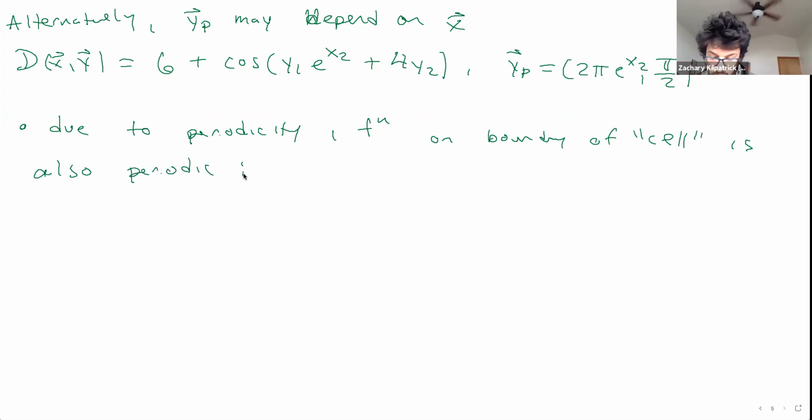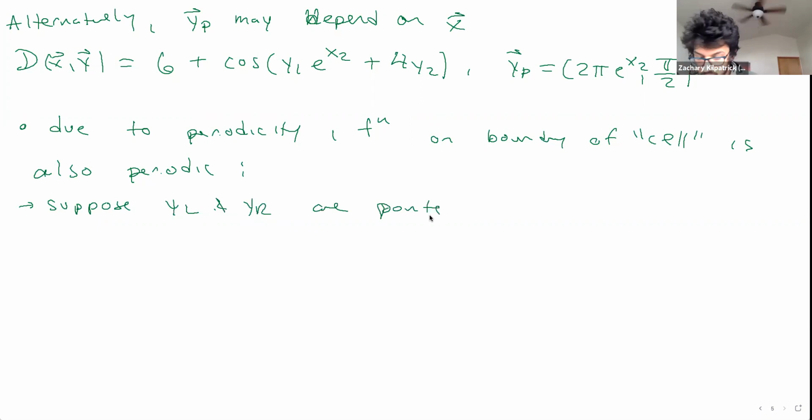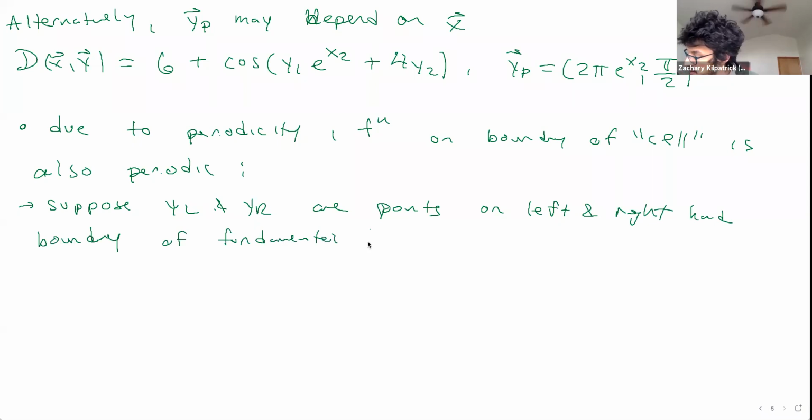Okay, and so let's suppose that yL and yR are points on the left and the right hand boundary of our fundamental domain. Okay, in other words, our cell.